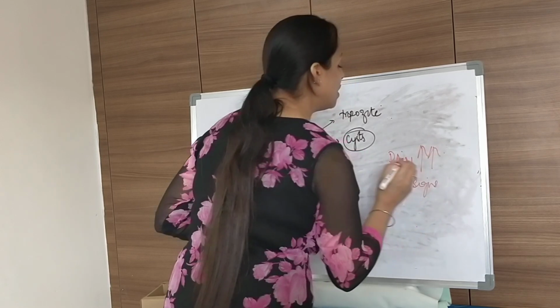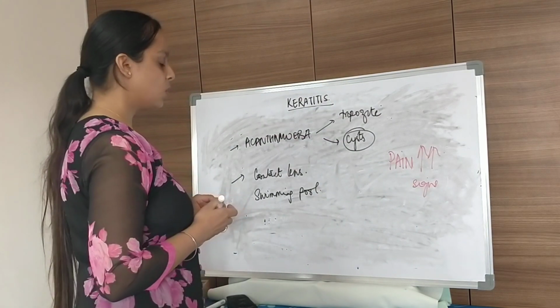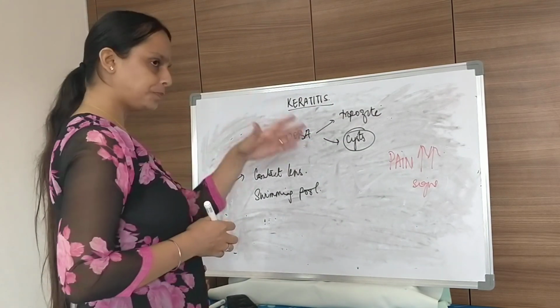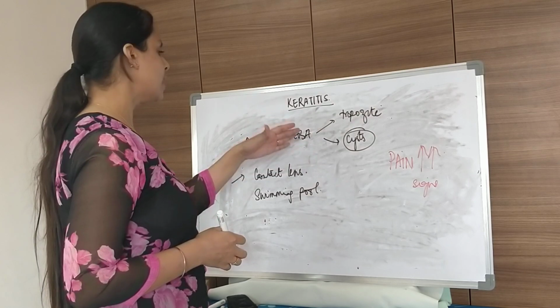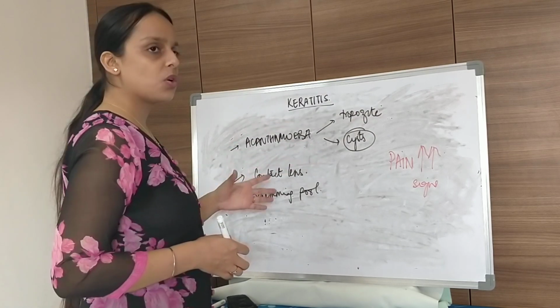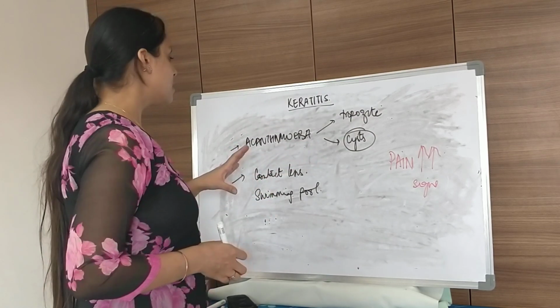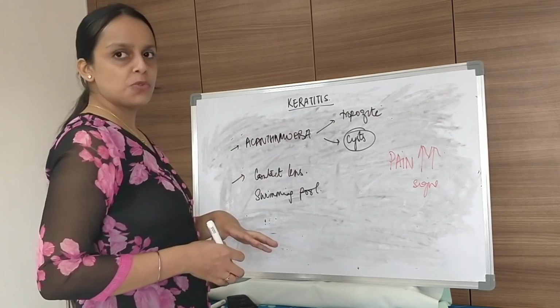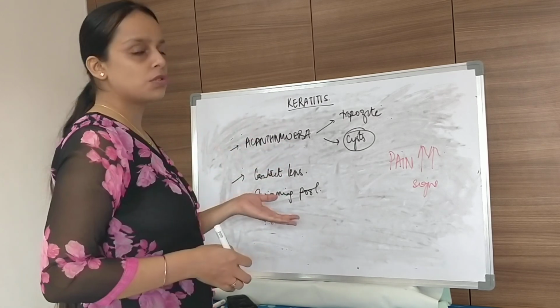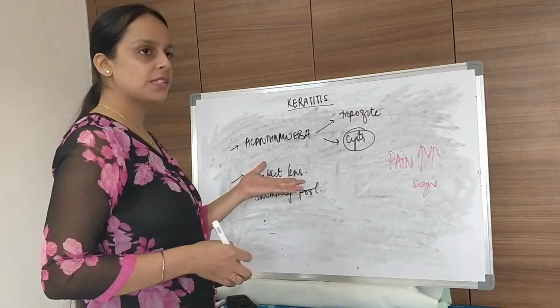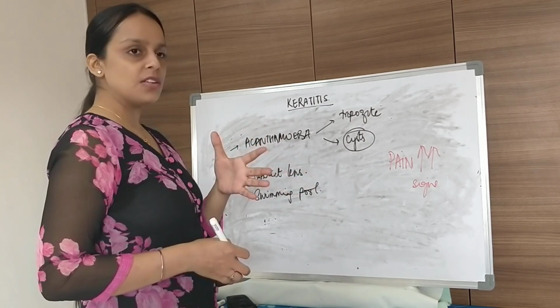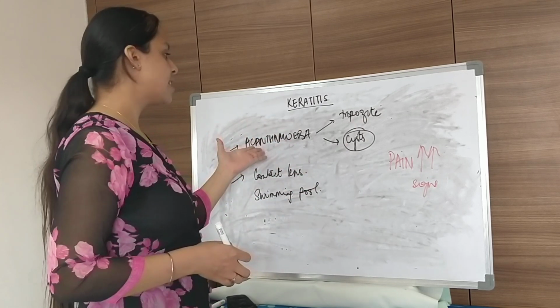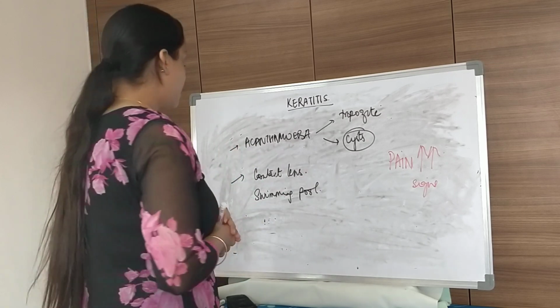So this is a very painful form of keratitis. You must suspect Acanthamoeba keratitis when a patient who is wearing contact lenses comes to you. It is very notorious in mimicking other types of infections. Most of the time you will diagnose it as herpes simplex keratitis and start treating along the lines of herpes simplex, when later you find out that it's actually Acanthamoeba keratitis.